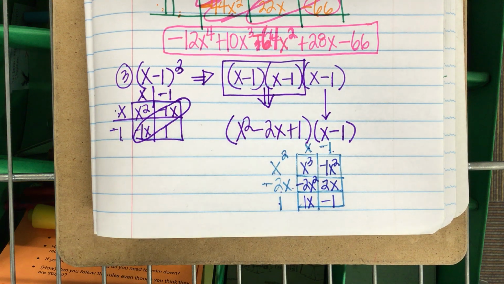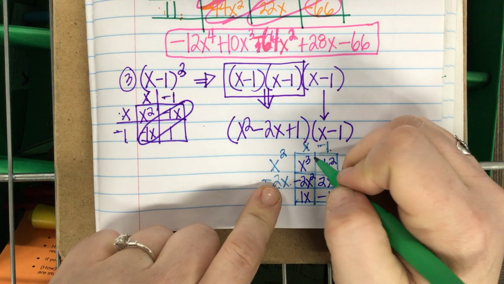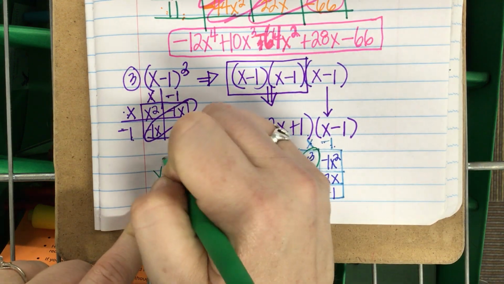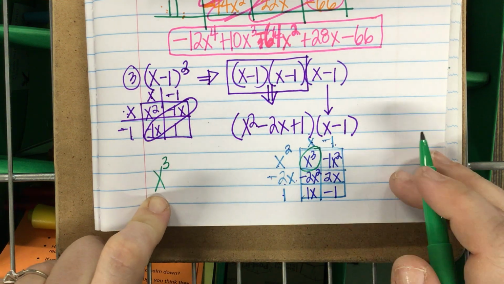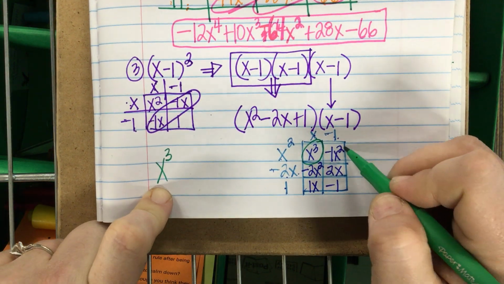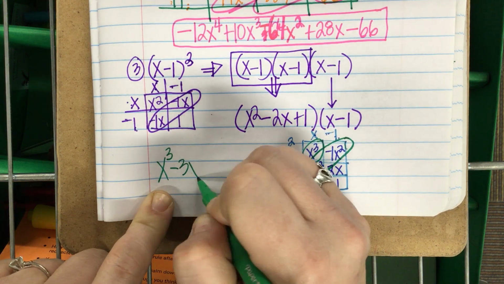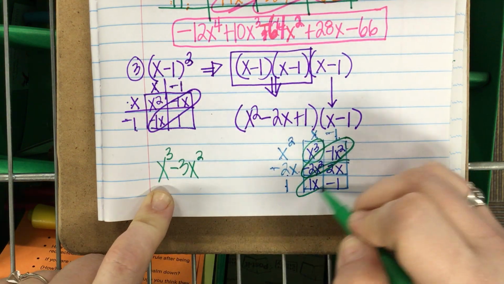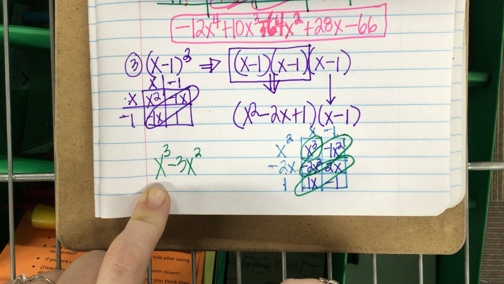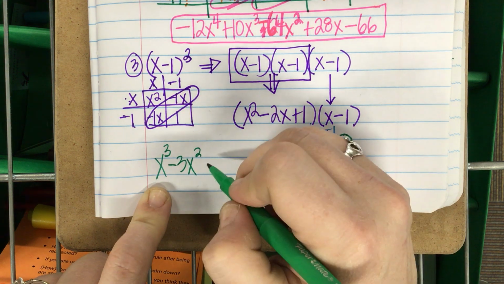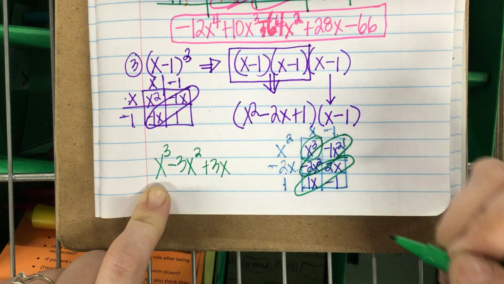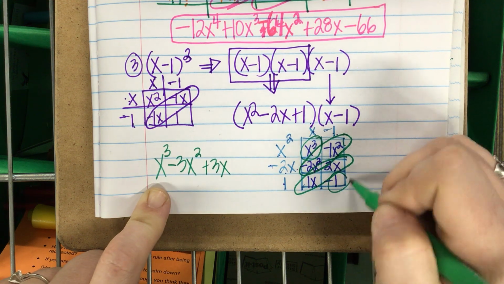I'm going to look diagonally. x to the third is all by itself. Then what? Negative 3x squared. Then what? Positive 3x. And lastly? Negative 1.